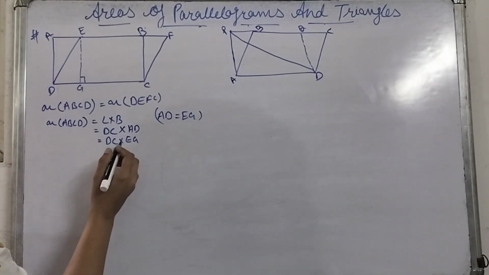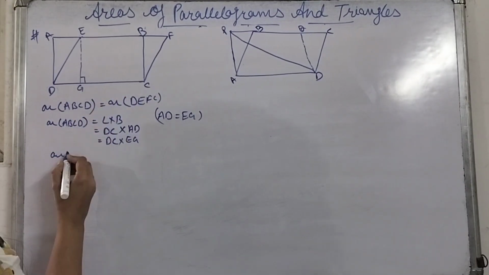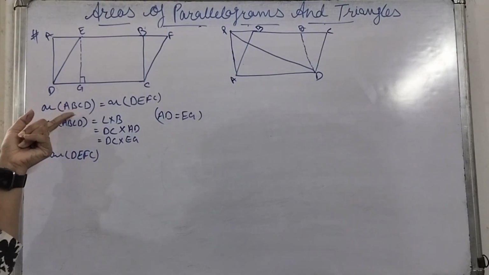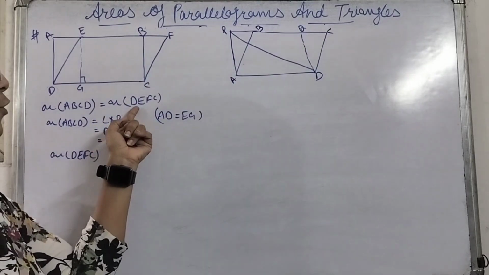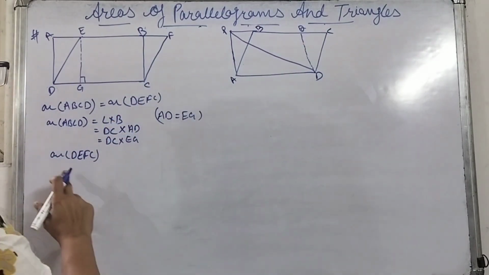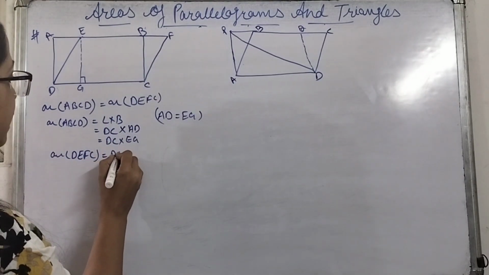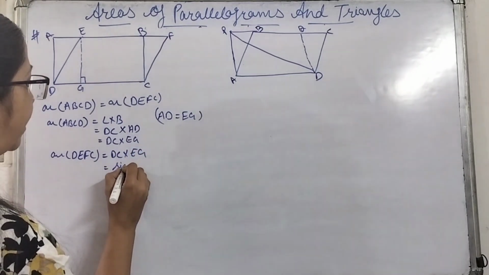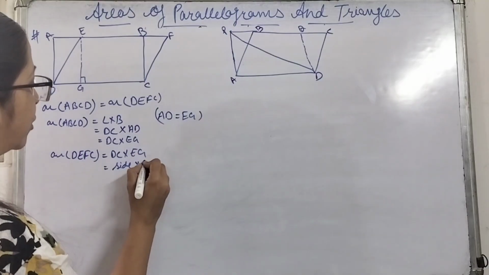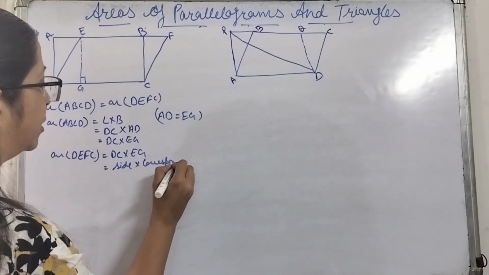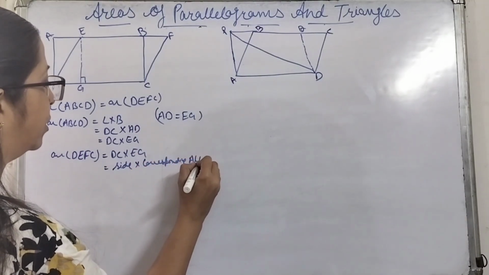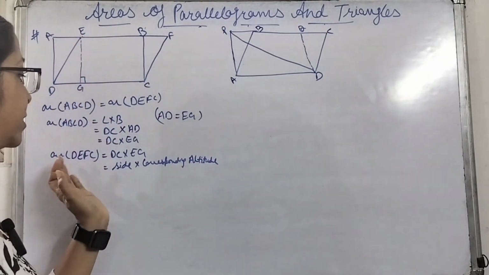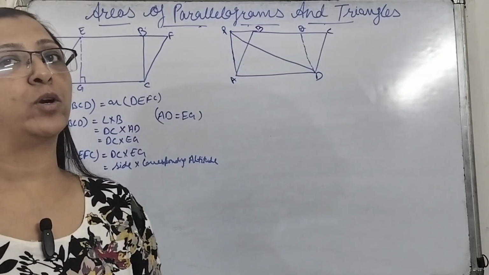That means we can say that the area of parallelogram DEFC is equal to the area of rectangle ABCD. So the area of DEFC will be DC multiplied by EG, where DC is the side of the parallelogram and EG is its corresponding altitude. That means the area of a parallelogram is side multiplied by corresponding altitude.